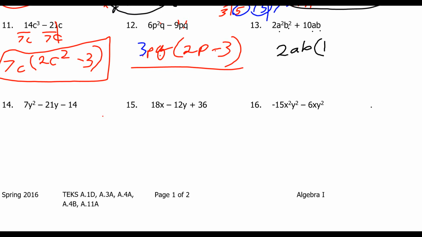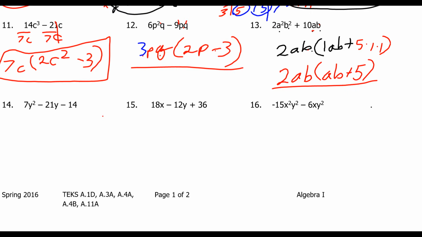A times a would give us a squared. B times b would be b squared. And that part's done. So 2 times 5 would give me 10. A times 1, b times 1, and there we have it. So we have 2ab on the outside of ab plus 5. And there's the end of it.